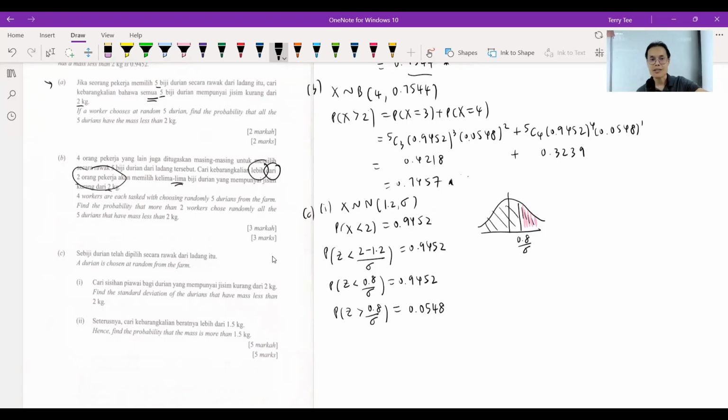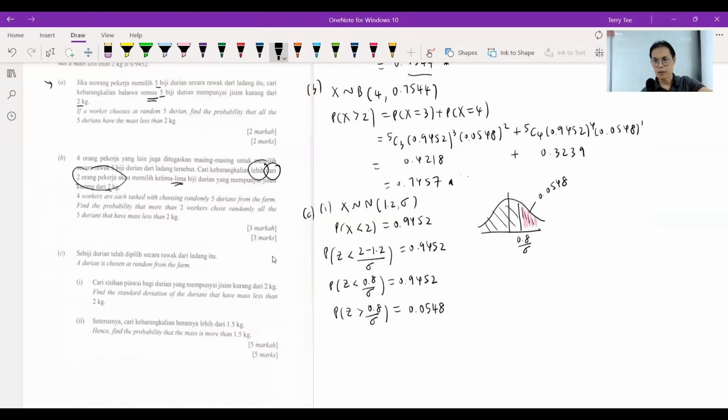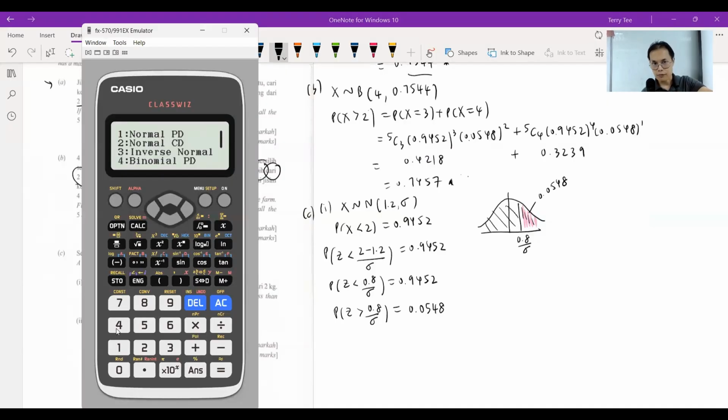Okay, for 0.0548, here we have to work backwards. So I suggest you use this calculator if you have this. Yeah, it's a lot easier. So we go to menu, go to 7 for distribution, go to number 3 for inverse normal. Actually from here you have 2 options because your calculator reads from negative infinity, the left-hand side.